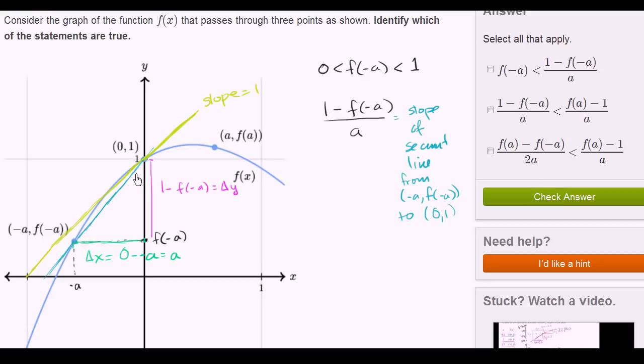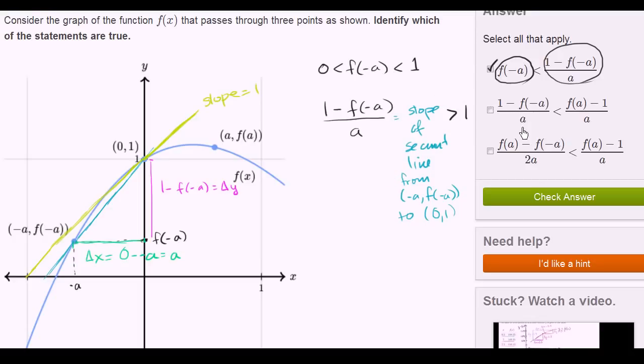So the slope of the secant line from negative a, f of negative a to 0, 1 is going to be greater than 1. So this thing right over here is greater than 1, and we deduced that f of negative a is less than 1. So this thing is less than that thing. So this must be true.